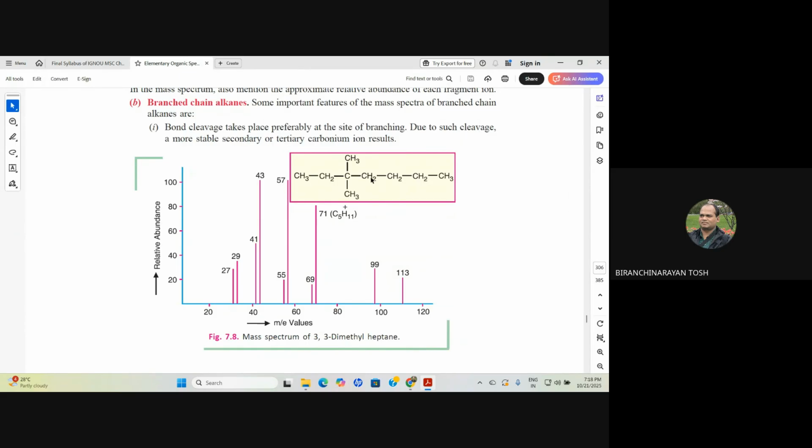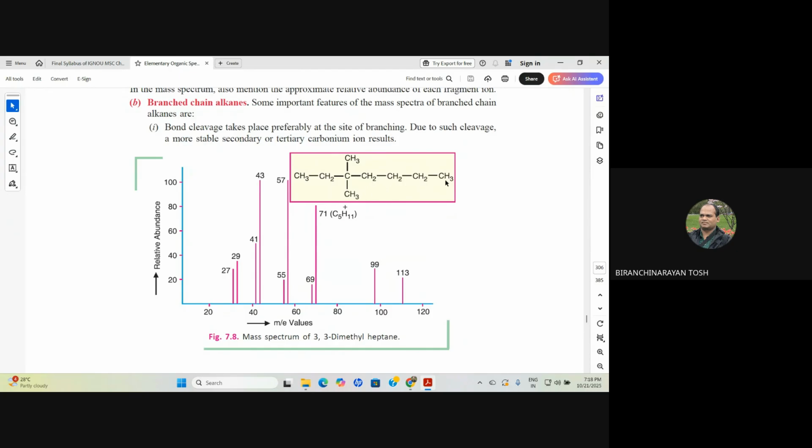See, in this case, if it is 57, it means this one, C5H11. C5H11 is 71.